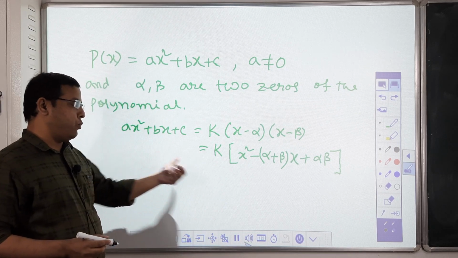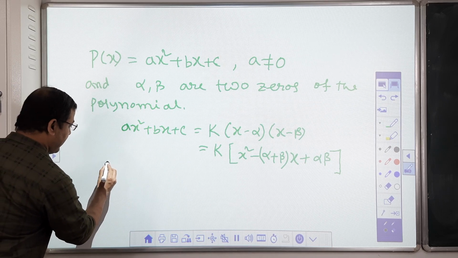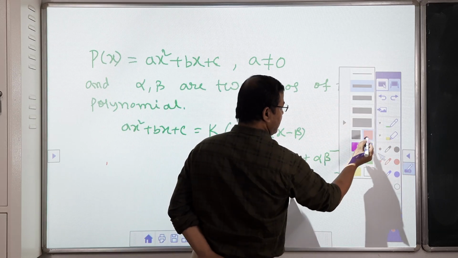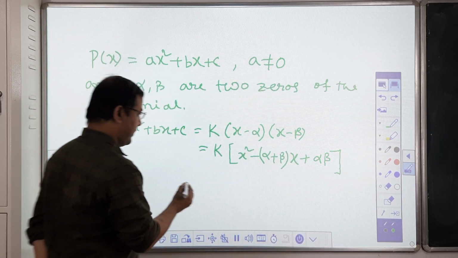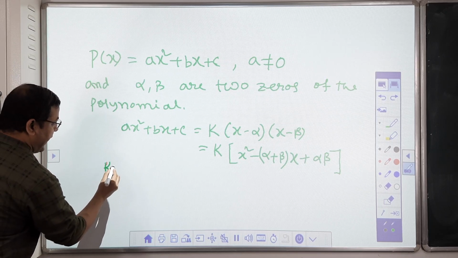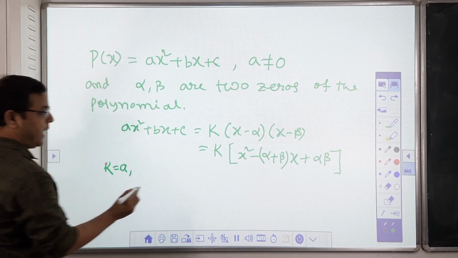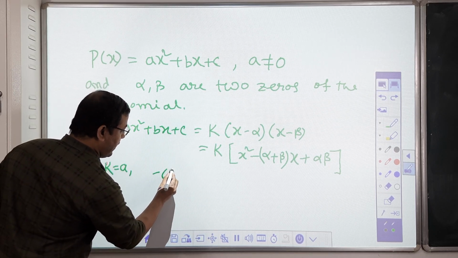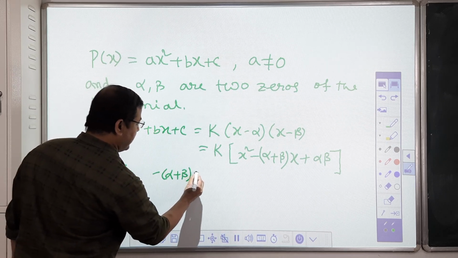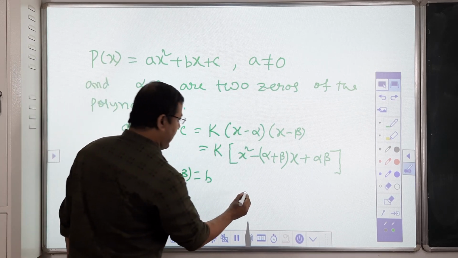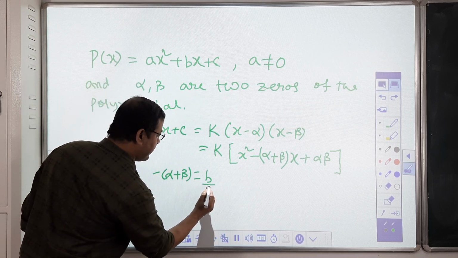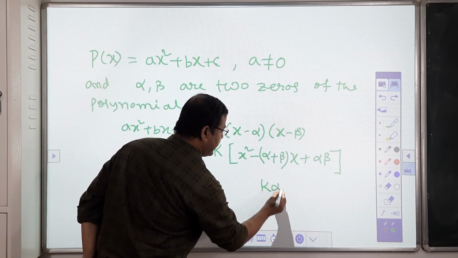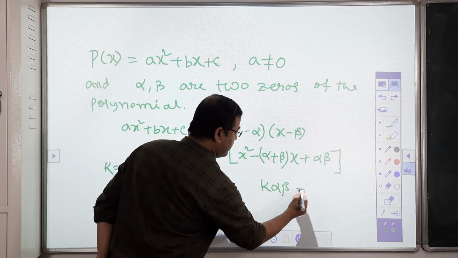If you compare both sides, you get k is equal to a, minus k into alpha plus beta is equal to b, and k alpha beta is equal to c.